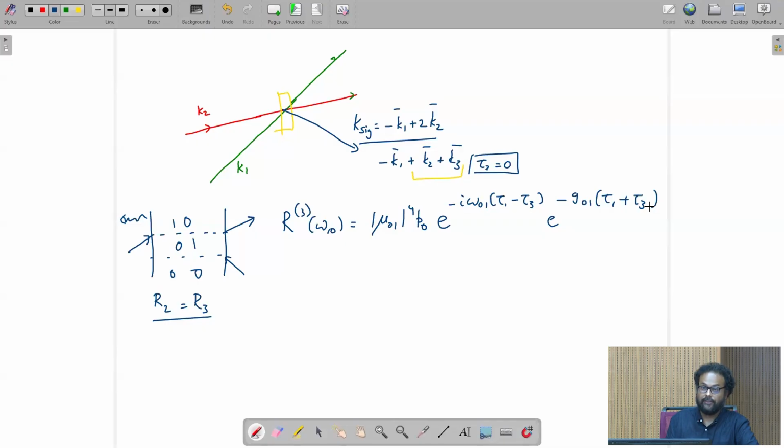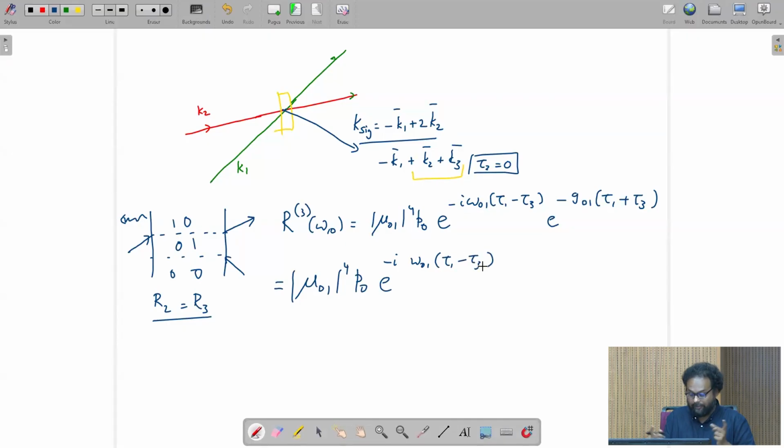You can verify whether my expression is accurate or not. But now I can expand this out considering various contributions to my g's. So to write that, mu 0 1 to the power 4. It is easy. First term, I'm going to write e to the power minus i omega 0 1 (tau 1 minus tau 3).